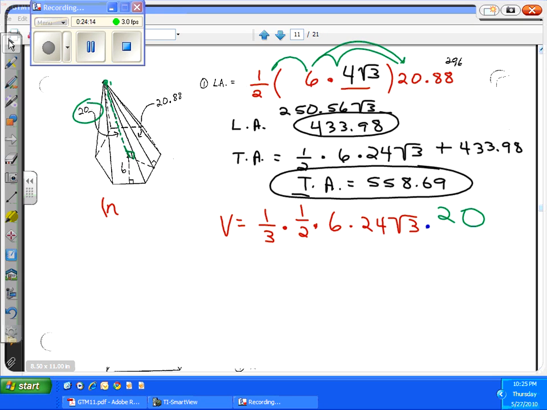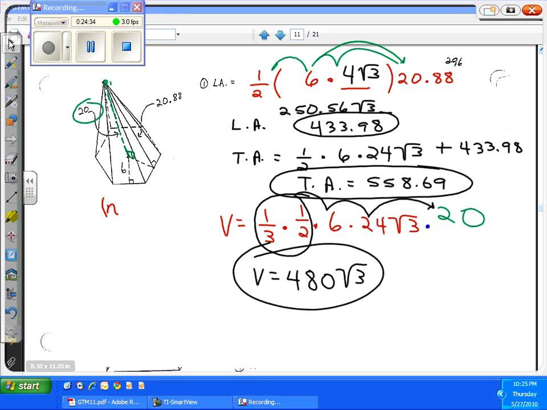So 1/3 times 1/2 is 1/6. 1/6 of 6 is 1. 1 times 24 is 24. 24 times 20 is 480 square root 3, and we're just going to leave the radical on that one. Okay? Any questions there?